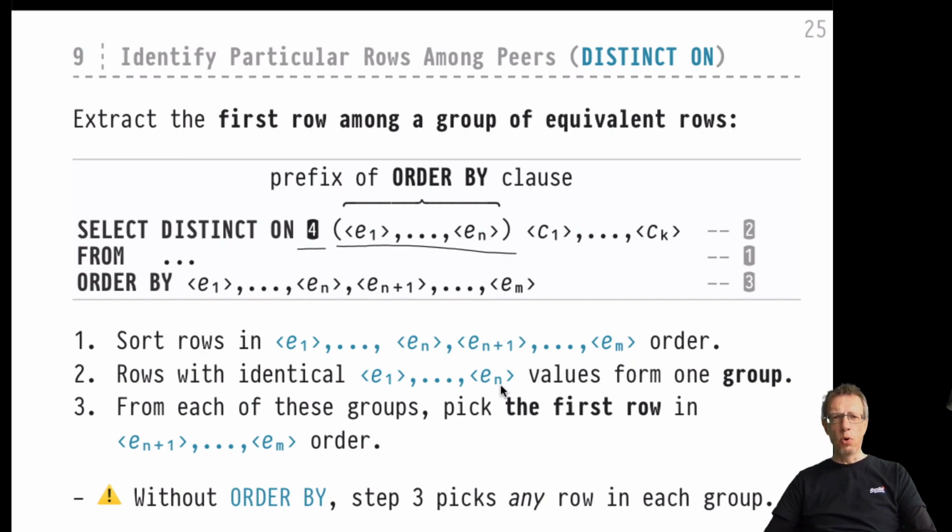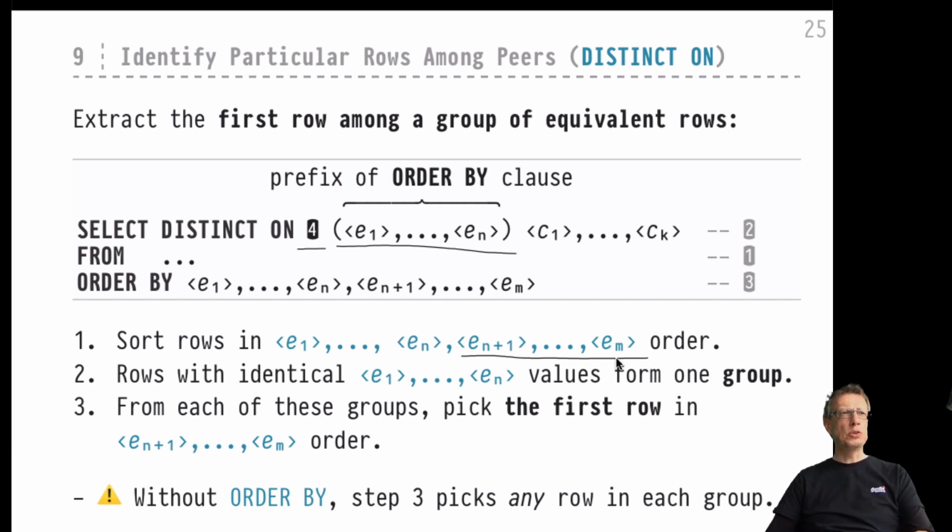Okay, which row will be picked? Which row will be picked as the representative? Well, this is defined by the remaining sorting criteria. The row that comes first in this particular sorting order, defined by this residual list of sorting criteria, will be the representative. This will be the row that will be picked.